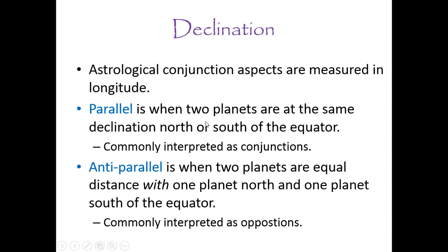Parallel is when two planets are at the same declination, the same degree of latitude above or below the equator. When they are parallel, they can be opposite each other or square each other, but when they're at that same declination, there's a lining up of energy for astrologers, and we will commonly interpret planets in parallel declination as conjunctions.